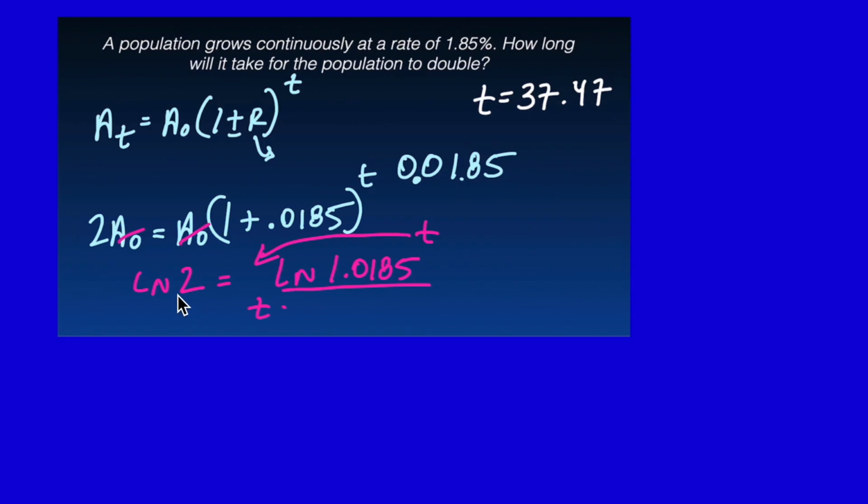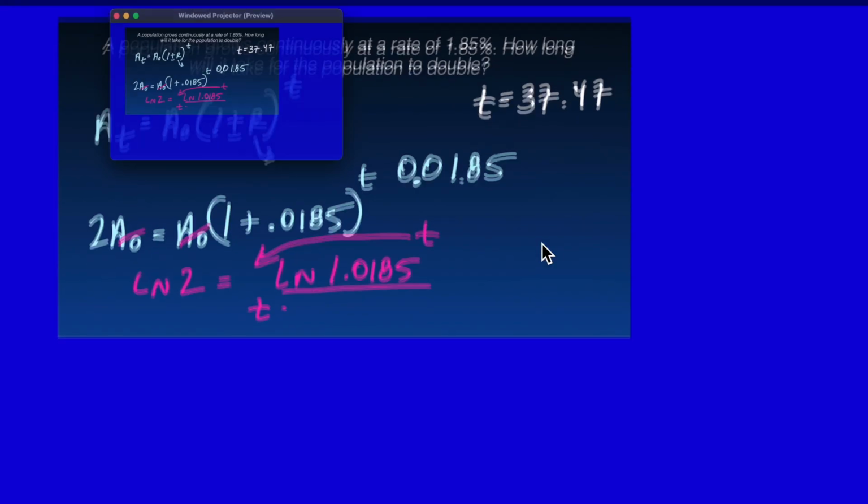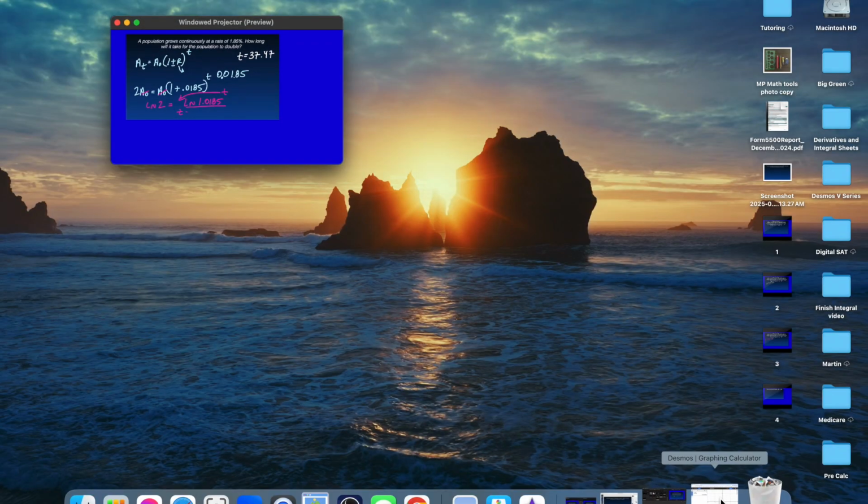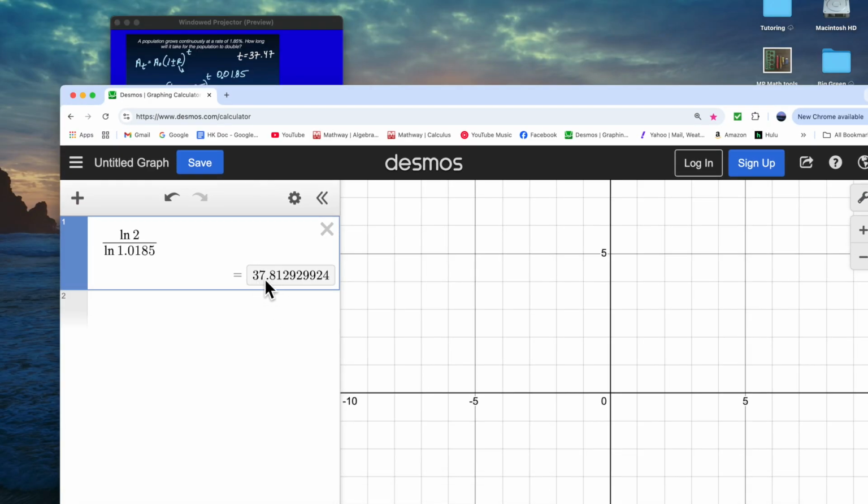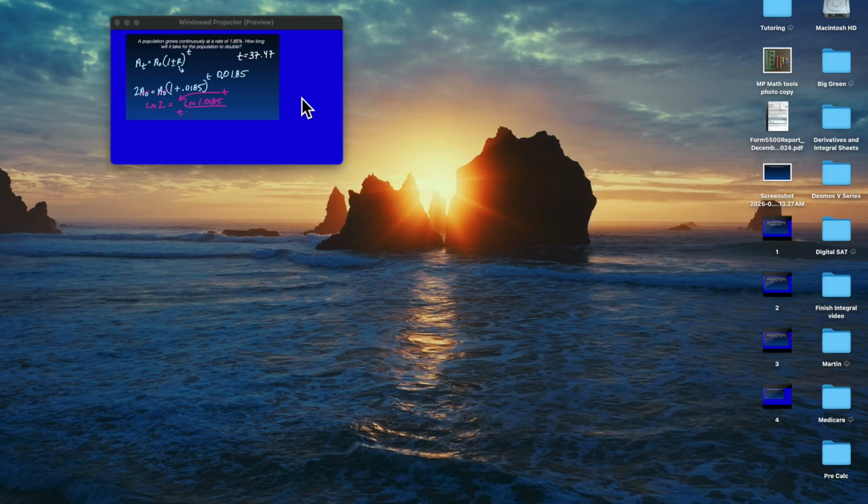And when you divide ln of 2 by the ln of 1.0185, I did that here on Desmos, and lo and behold, you get 37.8 years. So that is not appreciably different than what we just had.